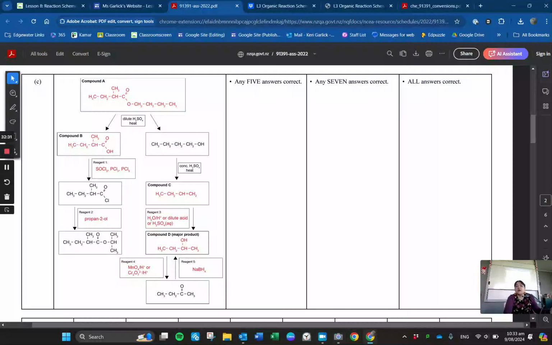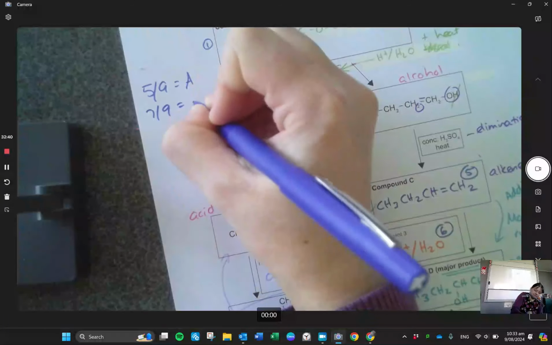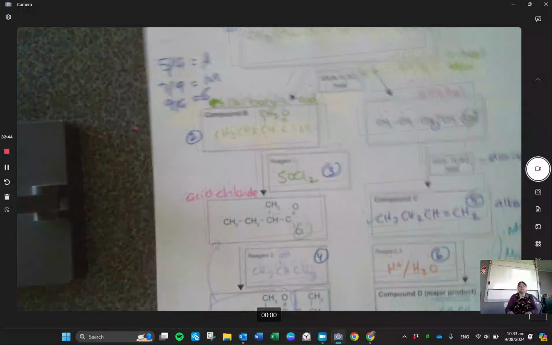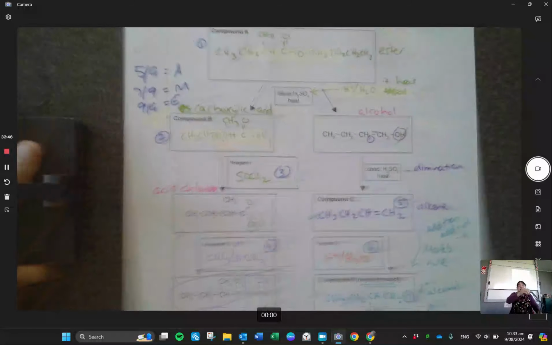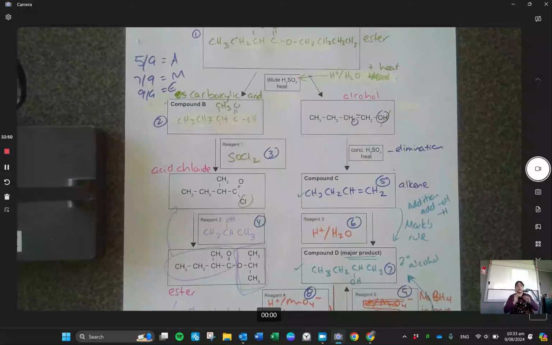All right. For the merit was 7 out of 9. And then 9 out of 9 is excellence. So if you can fill in this whole table correctly, there is no writing, E point. That's it.